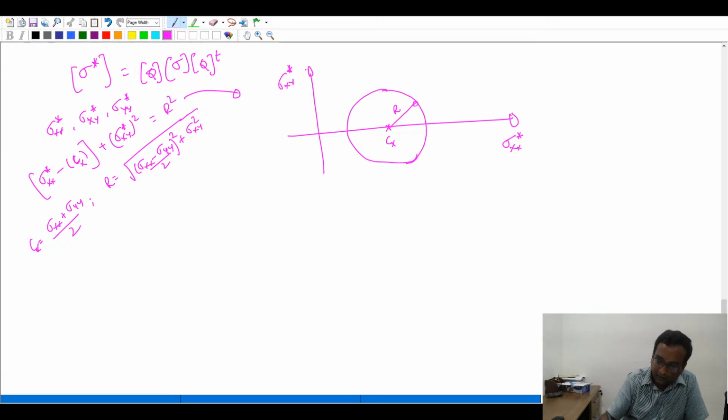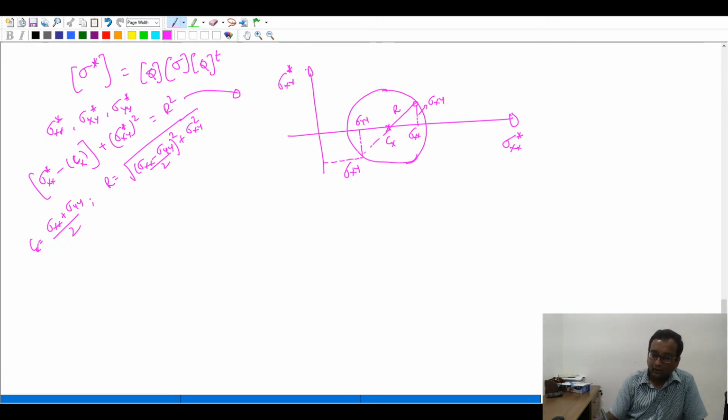Because I know that if I drop it here, this will be sigma xx, this will be sigma xy, and 180 degrees from there, which is 90 degrees in the actual case, this will be sigma yy, and because of the complementary nature of sigma xy and yx that I explained just now, this will also be sigma xy.